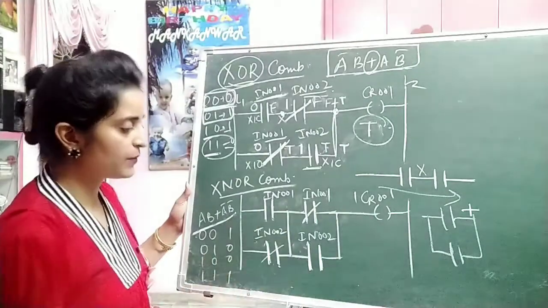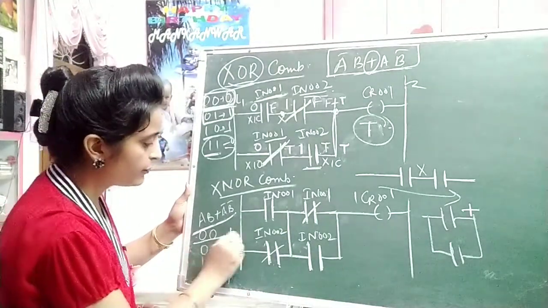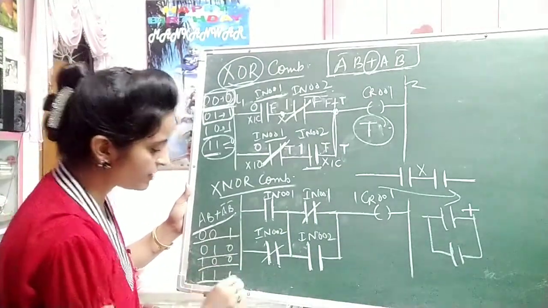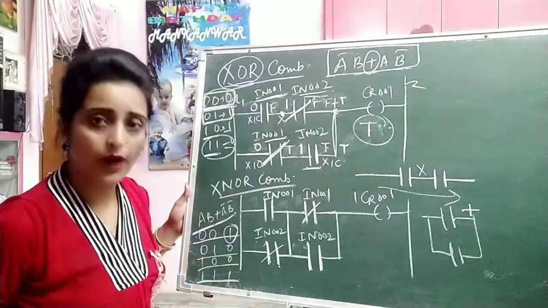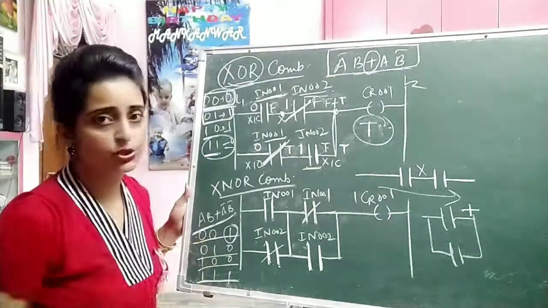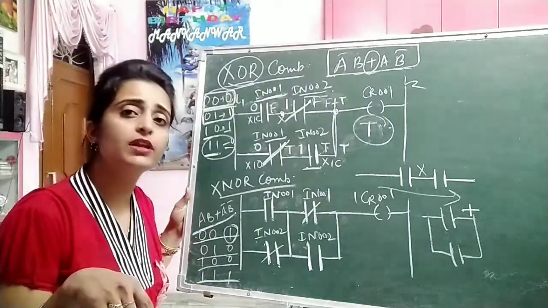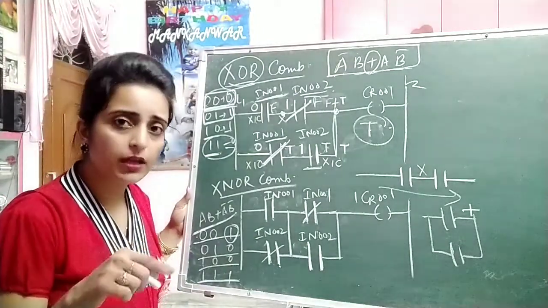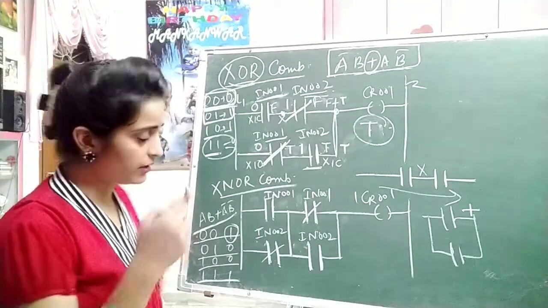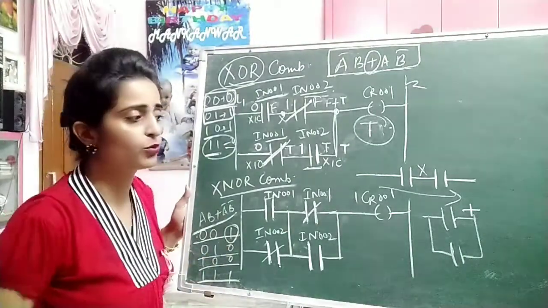Whatever happens here, we know that it will give us an output of 1 whenever 0 0 or 1 1 is provided. That means in the case of similar inputs the output will be 1, and in the case of different inputs the output will be 0.